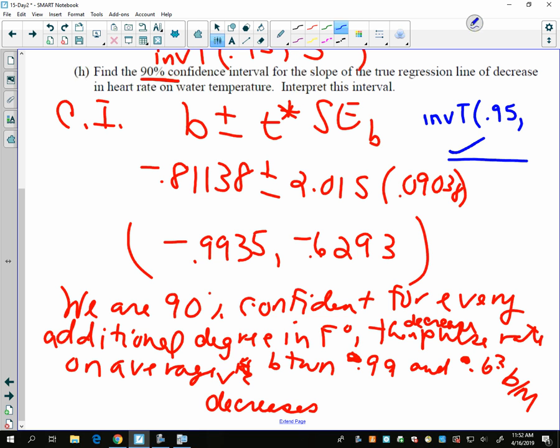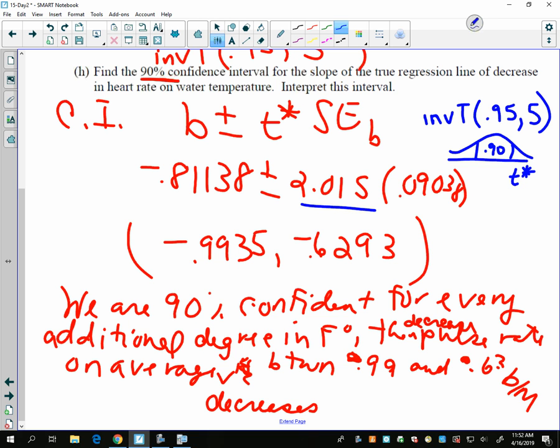Because remember when you do a 90% confidence interval, 0.90 is in the middle, and there's 5% in the tails, and this would be t star. The degrees of freedom was 5, so that should come out to be your t star. This is the standard error of the slope, which they give you on the computer output. And then you get this as your confidence interval.